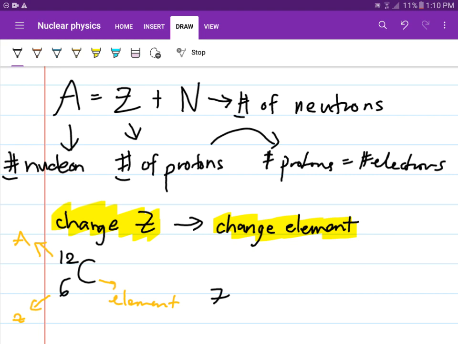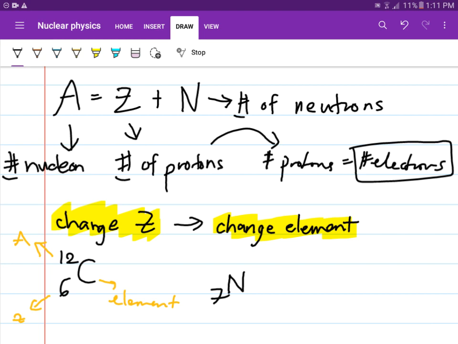And we know from chemistry that the electrons determine the type of chemical reaction that will happen in atoms, because electrons are responsible for chemical reactions. So if we change the number of electrons and protons, we will now have a different element. It will now be nitrogen, having 7 protons, 7 electrons, and it will add another neutron.